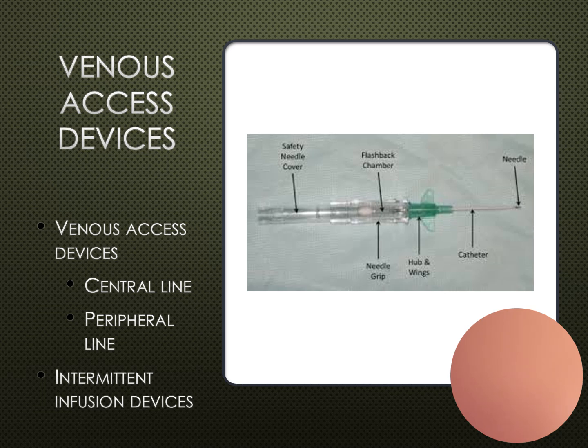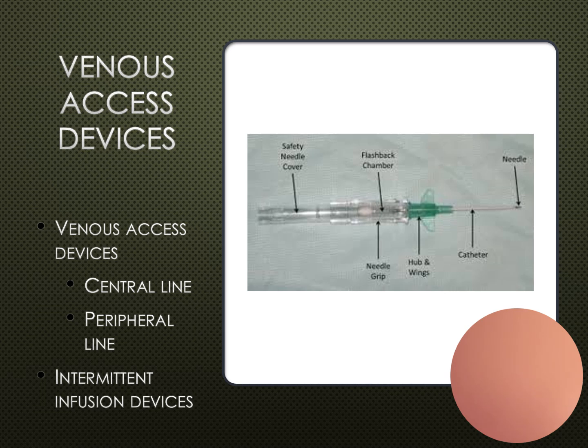We have intraosseous devices. They deliver fluids and or medications directly into the bone marrow. So we insert a needle into a large bone, with the upper anterior tibia being the most commonly used site. And it's often done with a special drill type tool.